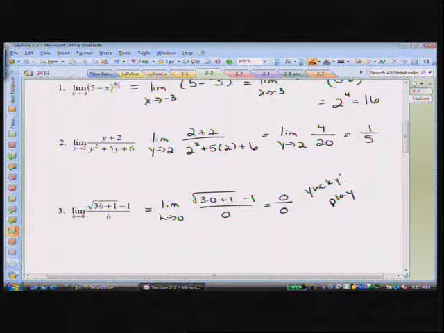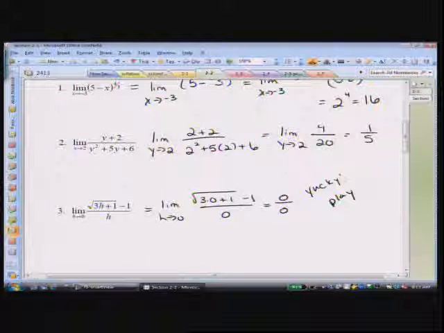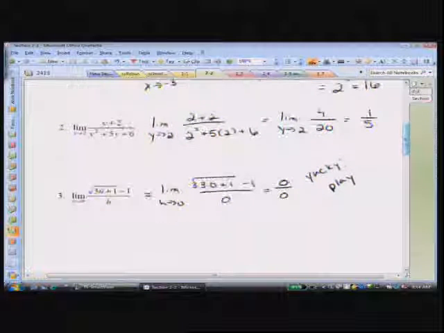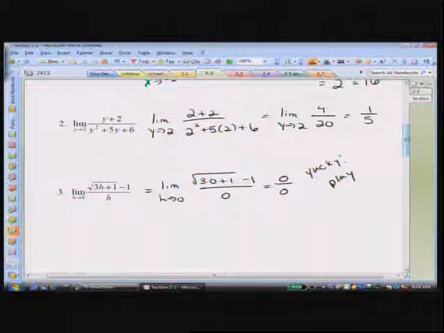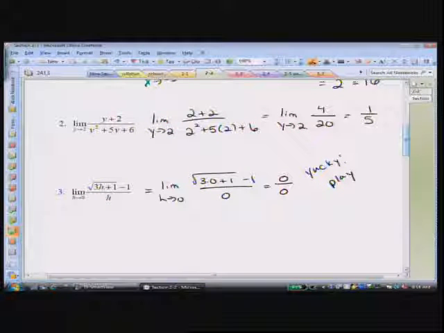what we'll do is a little technique called multiplying by 1 in a mysterious form. Okay, so in a helpful form, we will multiply by 1. And in this case, for this problem, if we multiply by the conjugate of the numerator, what will happen is this radical will disappear a little bit and help us out.